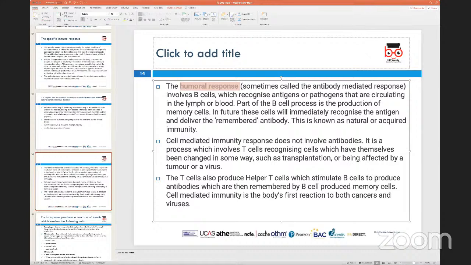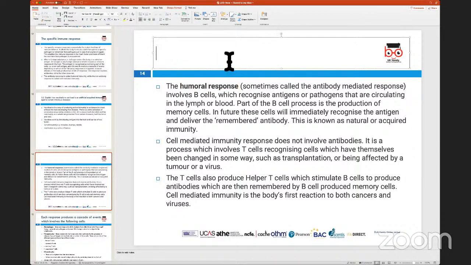When the body acquires this immunity, it is called the humoral response, sometimes also referred to as humoral immunity. It is called this because the body is trying to develop immunity against the pathogen, because an inactive or harmless version of it has been introduced into the human body, and this is called the antibody-mediated response.